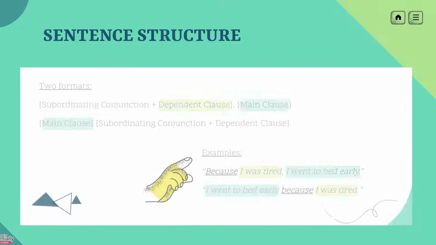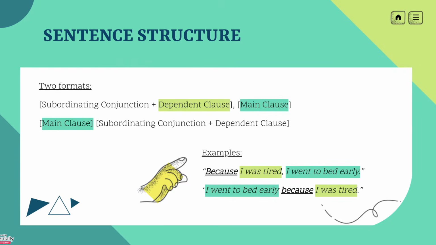So let's look at the sentence structure now. Here is a quick tip. If the dependent clause comes first, use a comma. Like in the example I gave you here, the two formats that I gave you. The first example, the first structure, you see the comma there. On the second one, you don't see the comma, right?